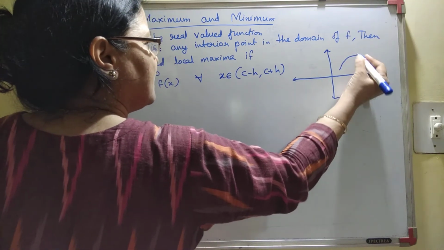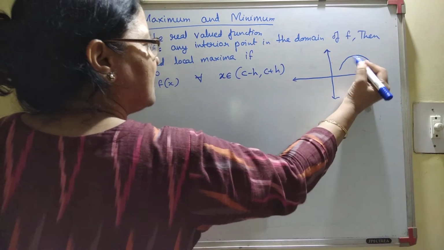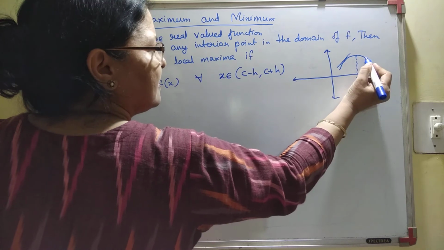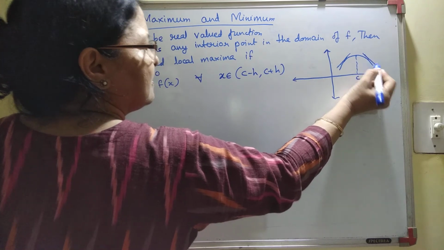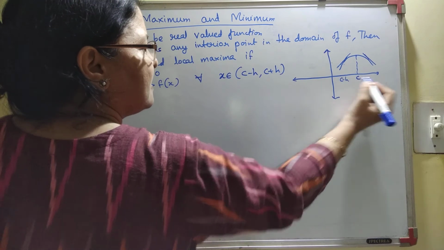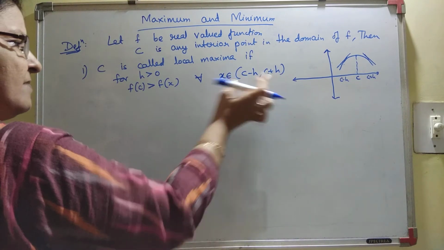Suppose this is my point C. There is some h greater than 0 here. Here it is c minus h, here it is c plus h. So this is the interval given.